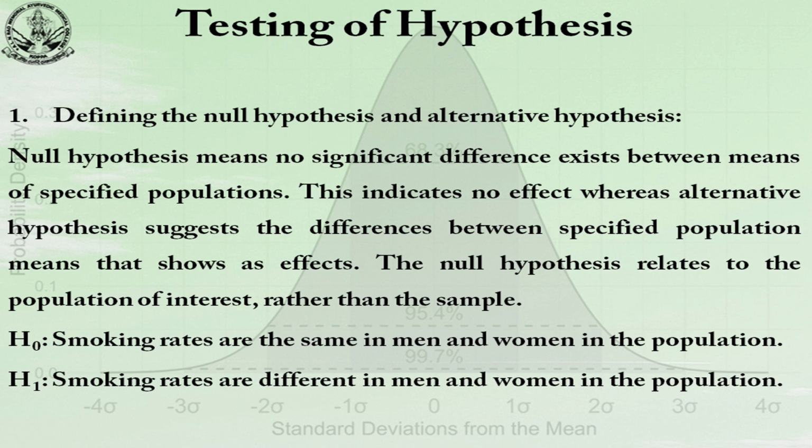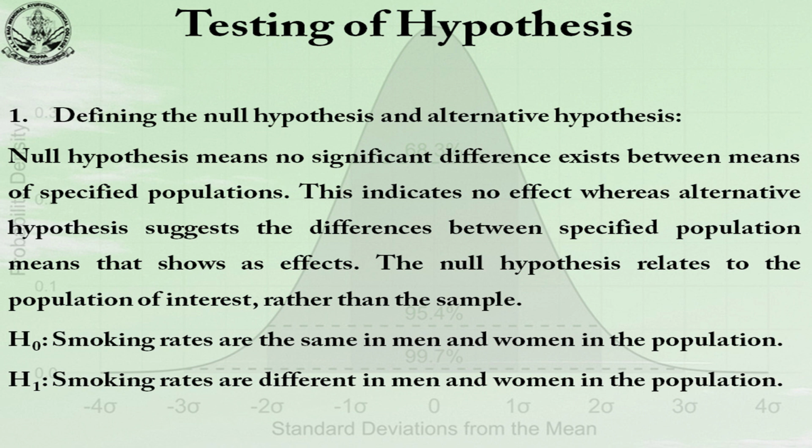You can see here with an example, the null hypothesis that we have seen in hypothesis. You can see another video with the details of that. H0, if we denote it with this: smoking rates are the same in men and women in the population. That's the null hypothesis, meaning there is no difference.